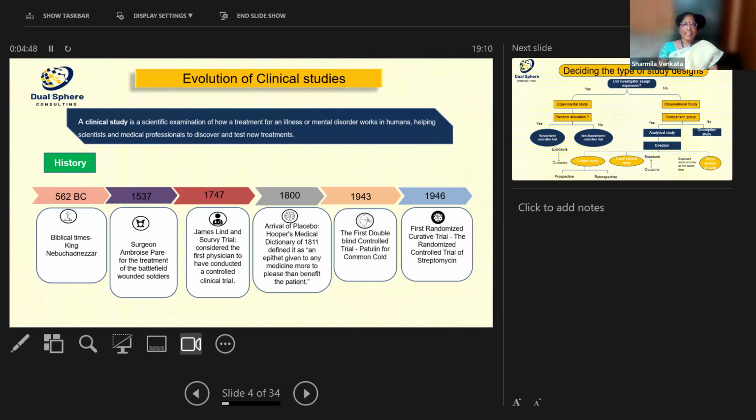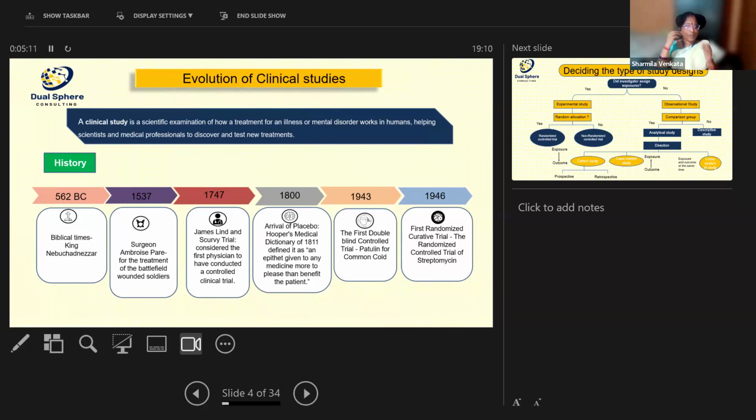The sailors who ate oranges and lemons recovered rapidly. So Lind's study was simple but groundbreaking. It showed diet could prevent disease like scurvy. And like this, there were more in 1800 and 1943.